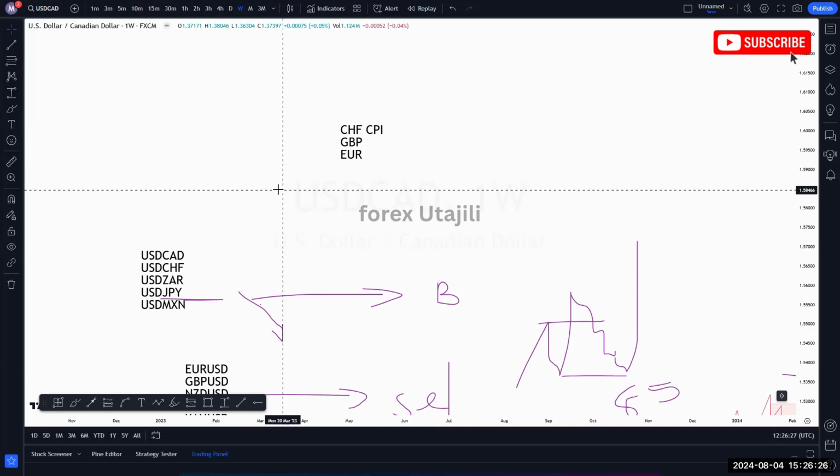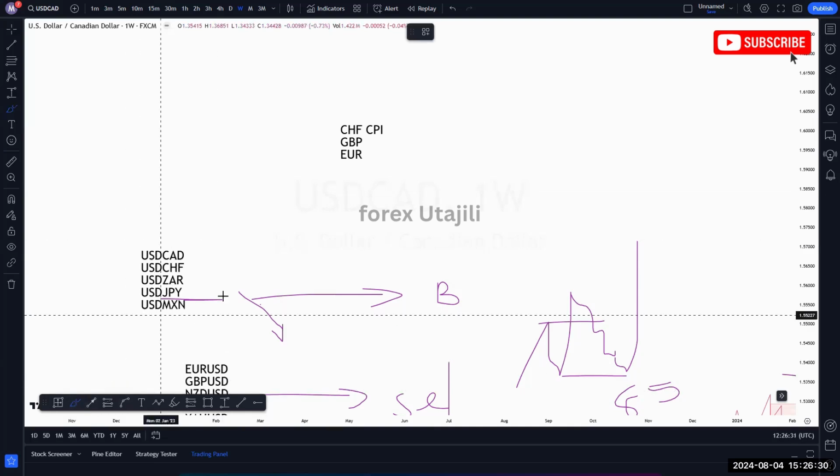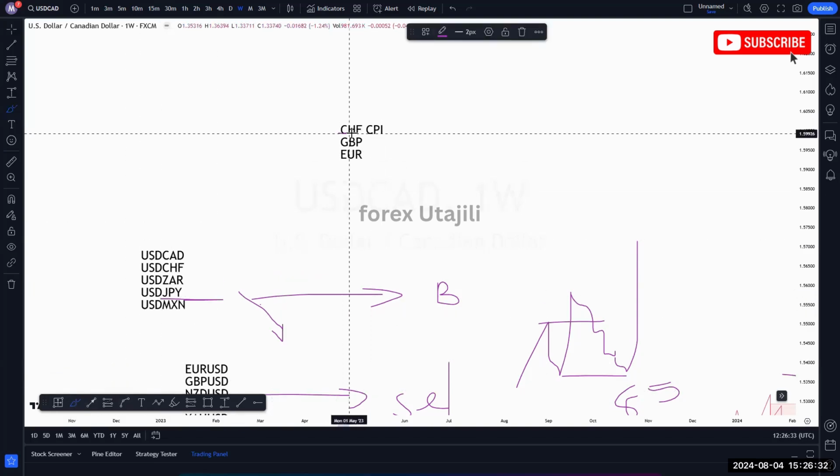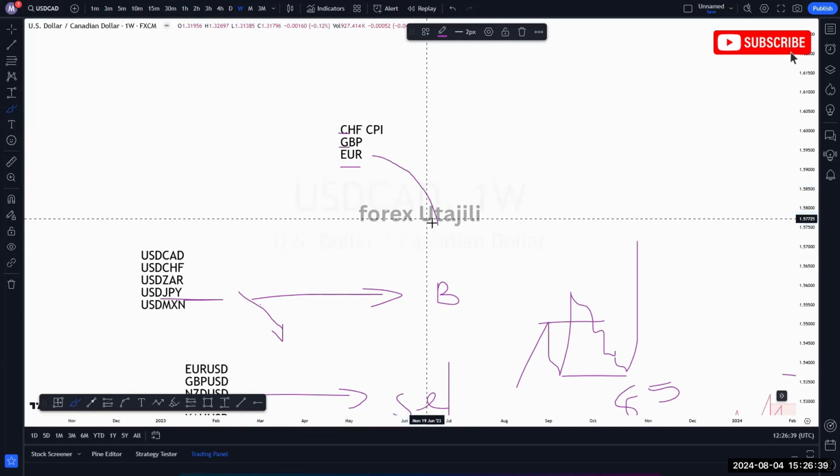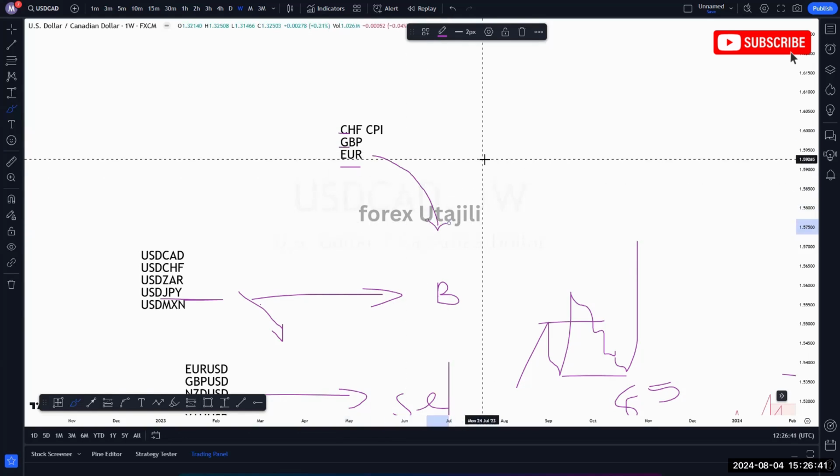Now, here, I told you we always have to investigate. If you're going to trade the GBP CPI, you're going to do the same thing; you're going to move on correlation. Amiri asks: does every currency have a different CPI?